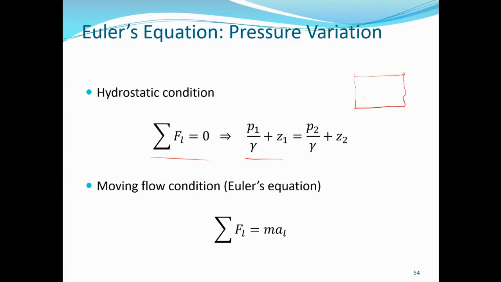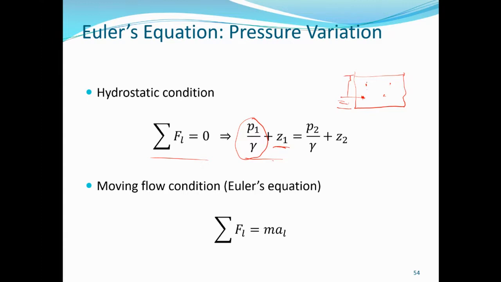This value is the same for all points, because it simply implies that the pressure head, which is due to the weight of liquid acting above, plus the elevation head, which is due to the elevation of the particle above a given datum, is constant.